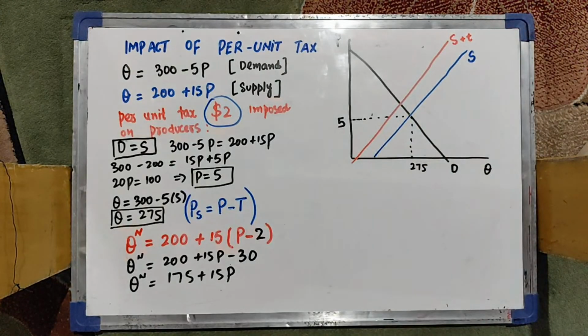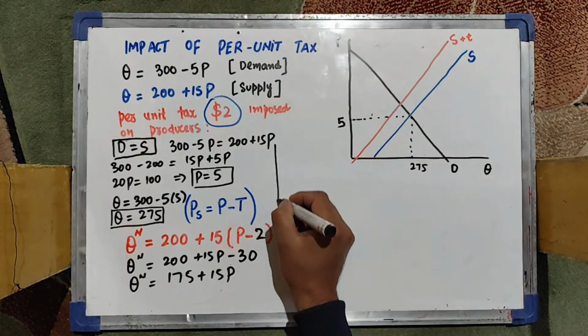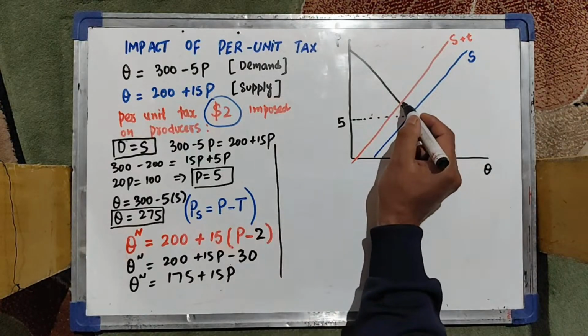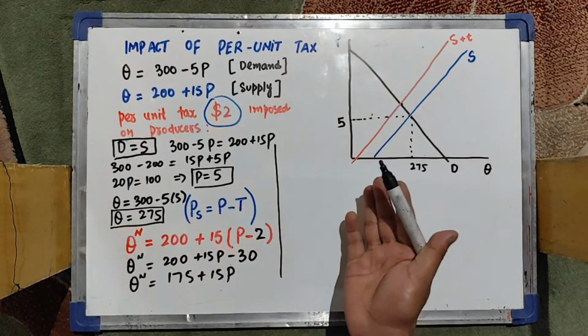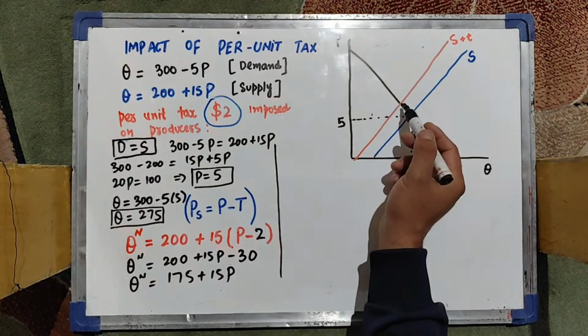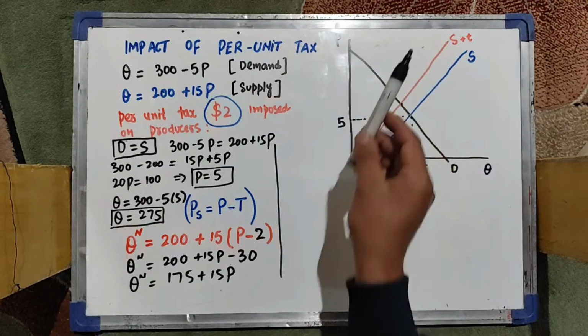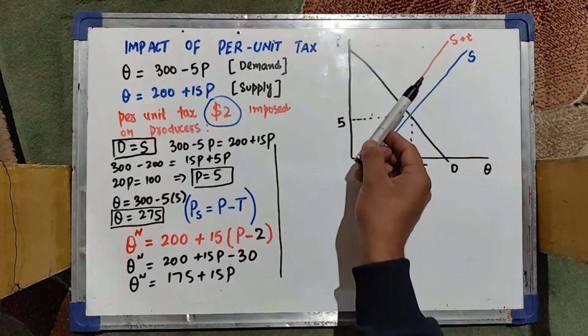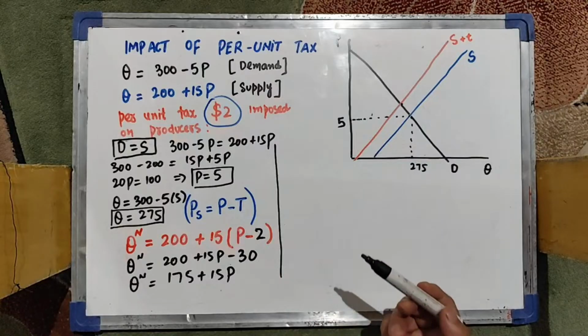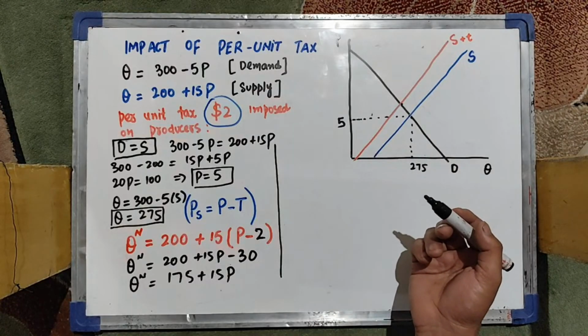Now what will happen here? Now we need to find out the new equilibrium. In fact, it is not equilibrium here, only the supply function is shifting in the upward direction. So the market will not be at equilibrium at this point, so I will not go into that detail this time.